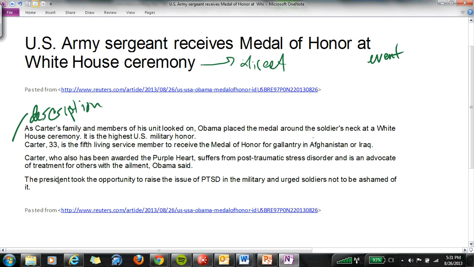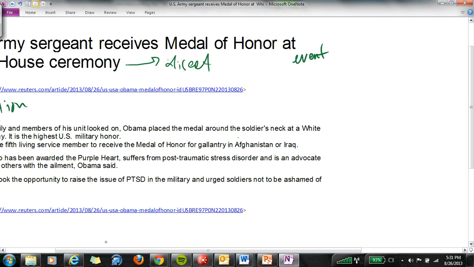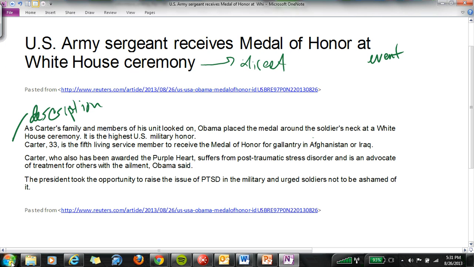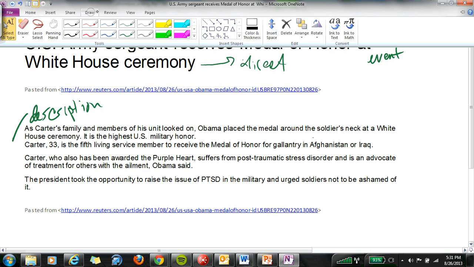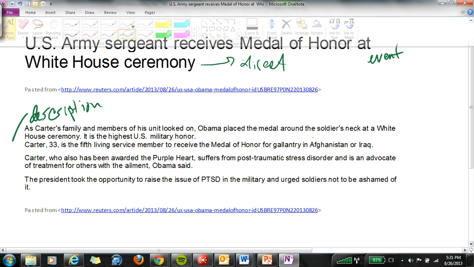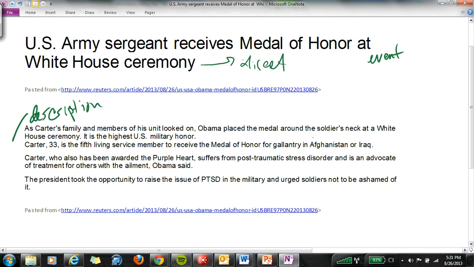And notice down here, the President took the opportunity to raise the issue of PTSD in the military and urge soldiers not to be ashamed of it. Well, that's an opinion, but it's not being presented as the author's opinion. It is being presented as Obama's opinion. So we're reporting an opinion, not trying to push it. So this is very much an informative piece.